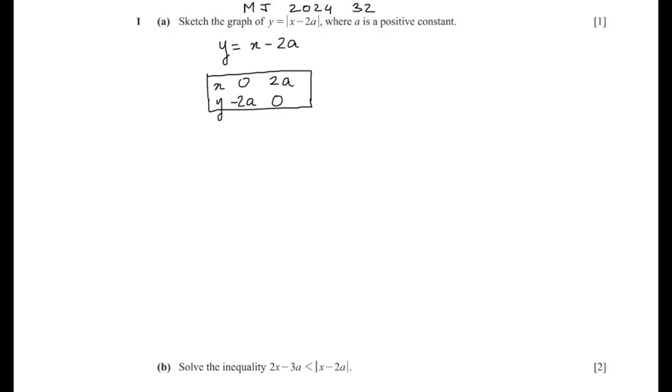So now I'm going to plot it. Drawing the axes. Right, so I'm just going to assume that this is a and this is twice a, and this is a and this is negative a and this is negative 2a.